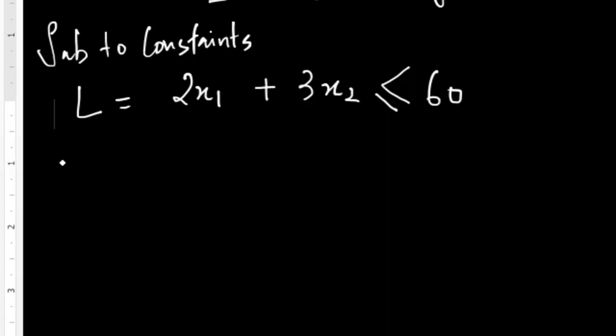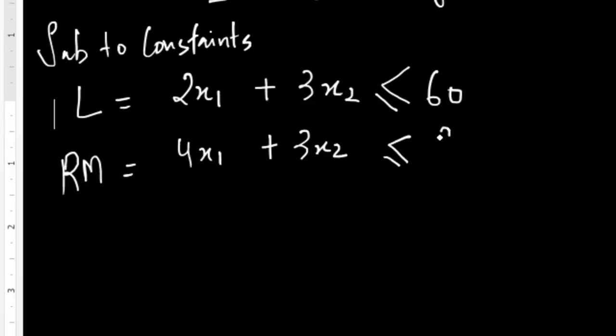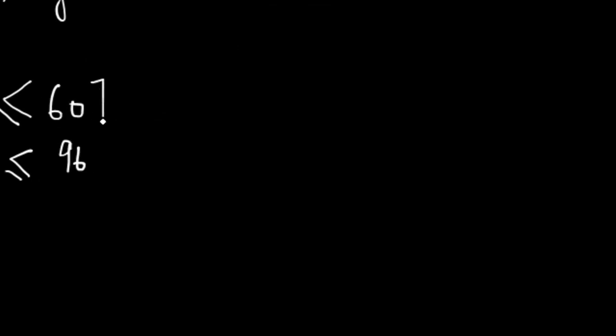Producing x1 and x2 also requires raw materials, and to produce x1 I require 4 units of raw material, and to produce x2 I require 3 units of raw material. But this raw material is available up to a maximum of 96. So these two equations become my constraint equations.